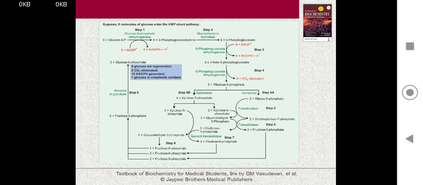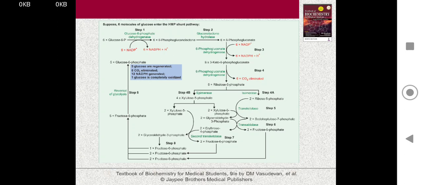Here the enzyme is transketolase. Ribose 5-phosphate is a 5 carbon unit, so a 2 carbon unit including the keto bond is transferred to this substance to form sedoheptulose. So 2 carbon unit plus 5 carbon unit, a 7 carbon unit sedoheptulose is formed, and from the 5 carbon unit, 2 carbons being removed, the 3 carbon glyceraldehyde 3-phosphate is generated.